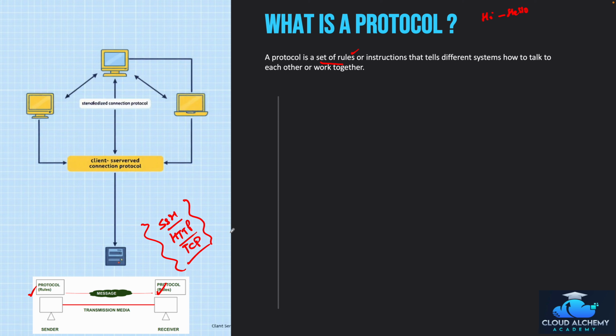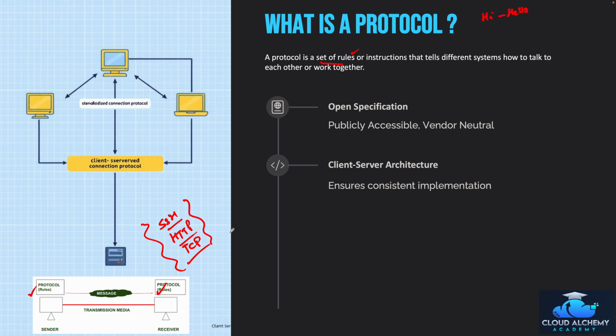Now, when we talk about protocol in the context, again, I'm using the word context, of MCP, then what is it? The protocol at the MCP is an open specification. As we already discussed, it is publicly accessible, it is free, anybody can use it, it is vendor neutral. All the big vendors, Microsoft, AWS, Oracle, everybody has adopted the MCP standard, right?